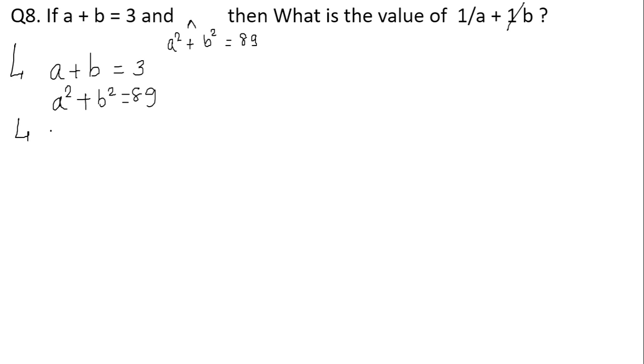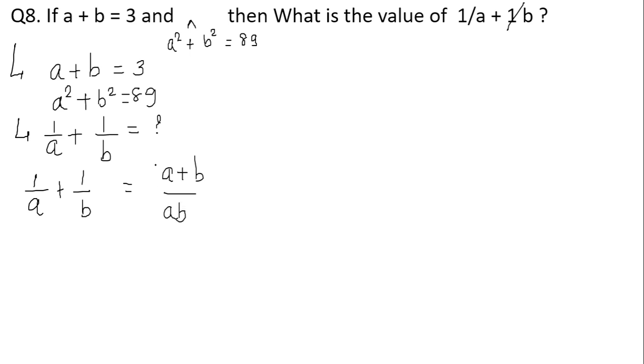And here you have to find the value of 1 upon a plus 1 upon b. This is the question. Can I write this 1 upon a plus 1 upon b as a plus b upon ab? I have simply cross multiplied it. Can I write like this? Okay, so I'll mention this as equation number 1.